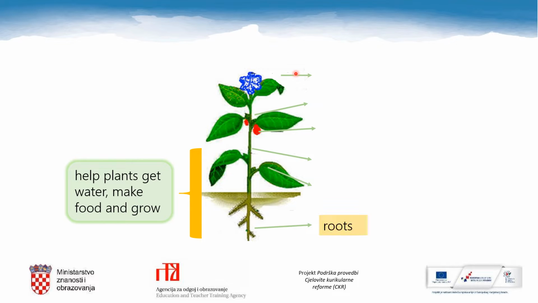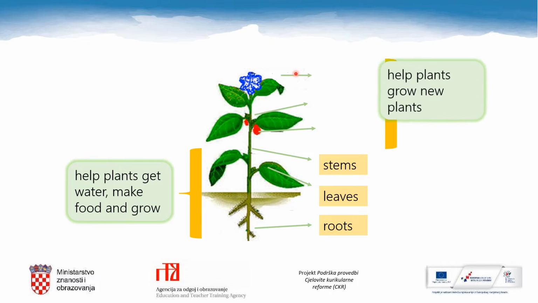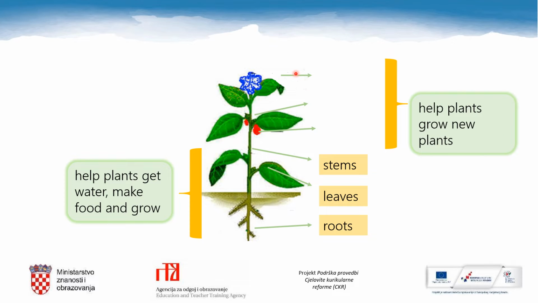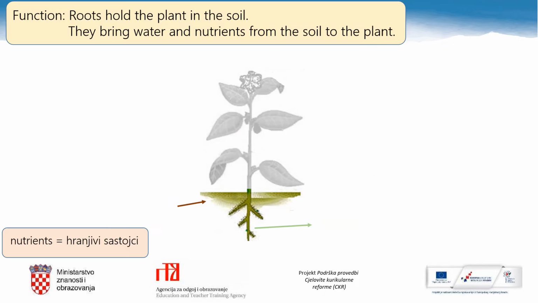They are roots, stems, and leaves. And the other 3 help plants grow new plants. And they are flowers, fruit, and seeds. Let's learn the plant parts one by one.